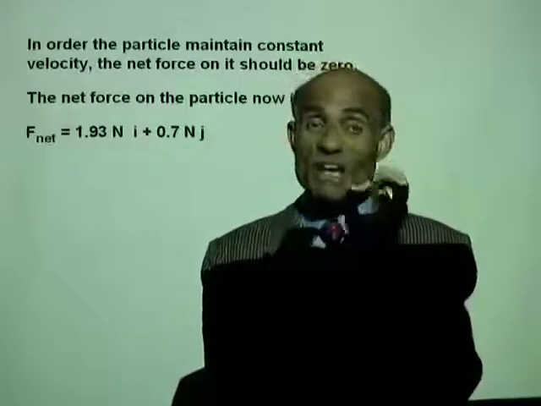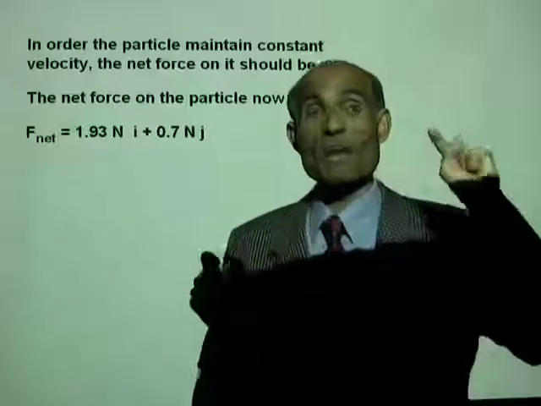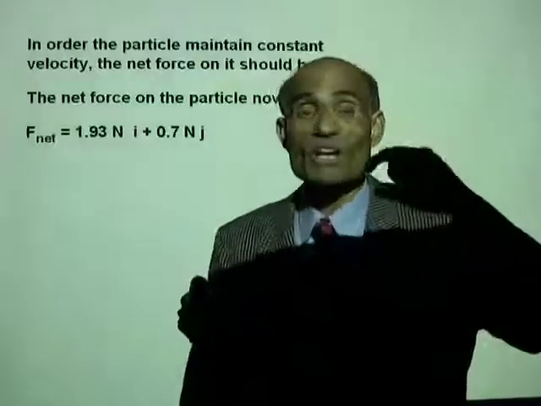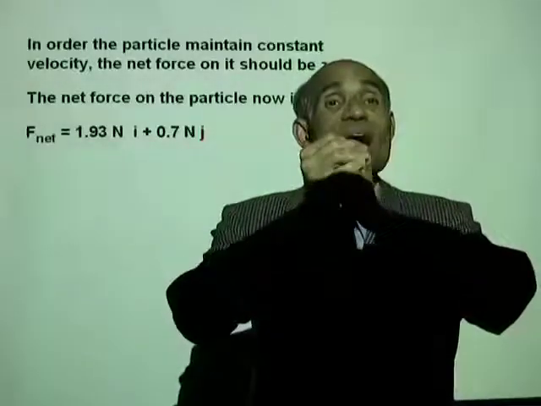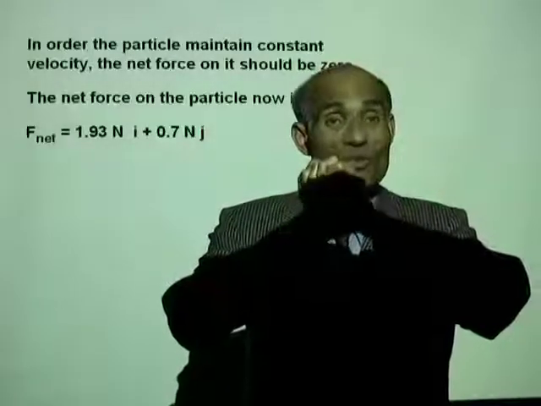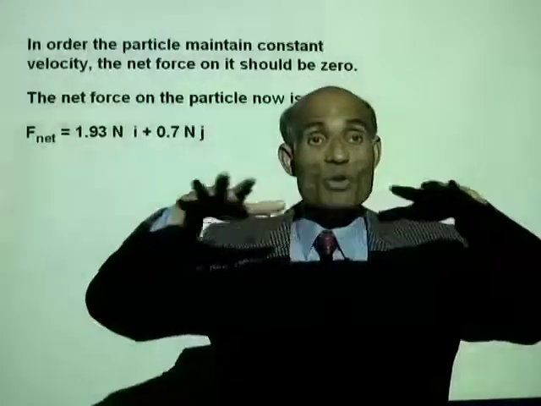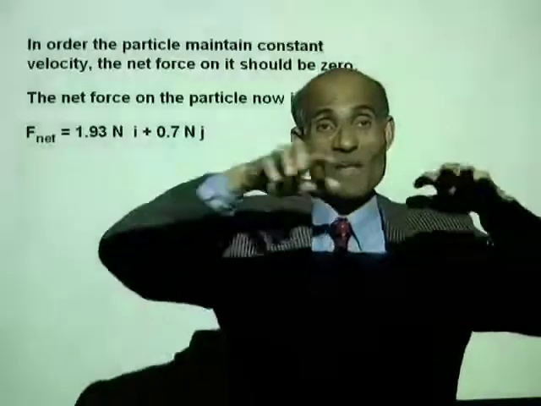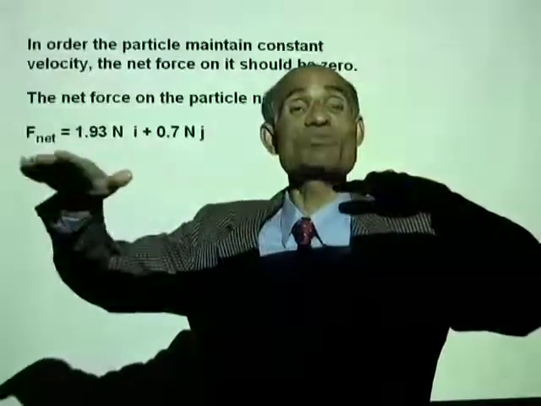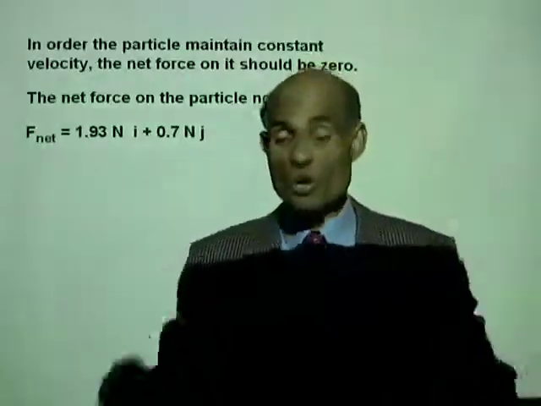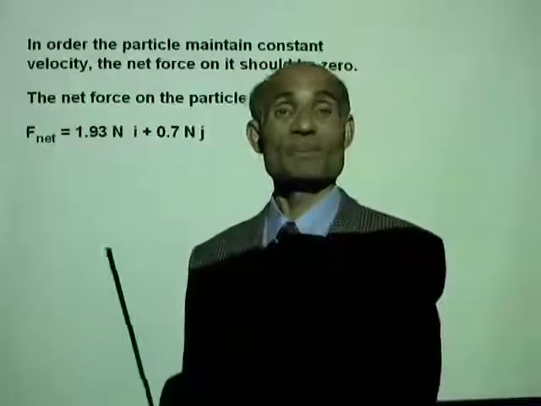Now we need to find what force applied on this particle now will balance. In other words, you have to now balance all the forces, so that there will be no net force on the object, that the object will continue moving with a constant velocity. There will be no acceleration.